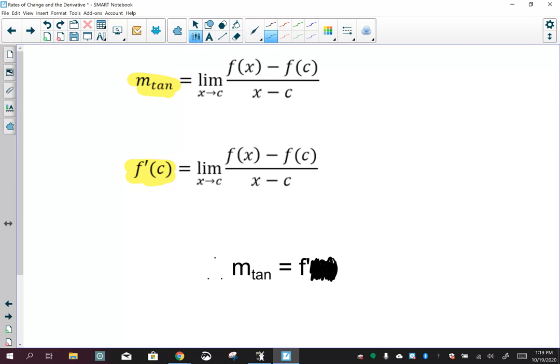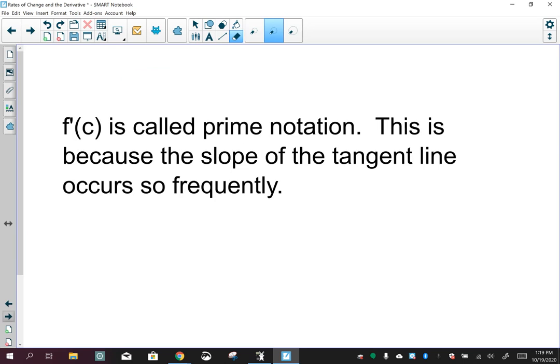We use the f prime. So the f prime is what we're going to start focusing on and using more of. That's going to be our new shorthand. So when we talk about derivative, we talk about slope, we talk about f prime. I just said that because we use it so frequently.